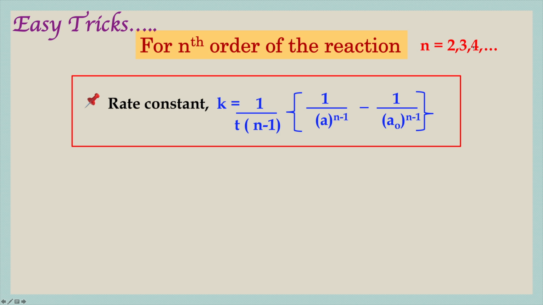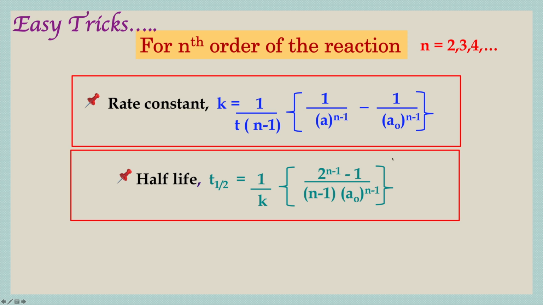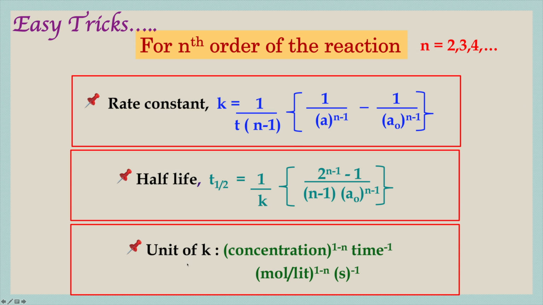For fourth order you have to calculate the rate constant, then just put n as 4 so that you would get the rate constant formula for fourth order. The same thing applies for the half-life too, and even the unit of rate constant can also be calculated for all the nth order of the reaction.